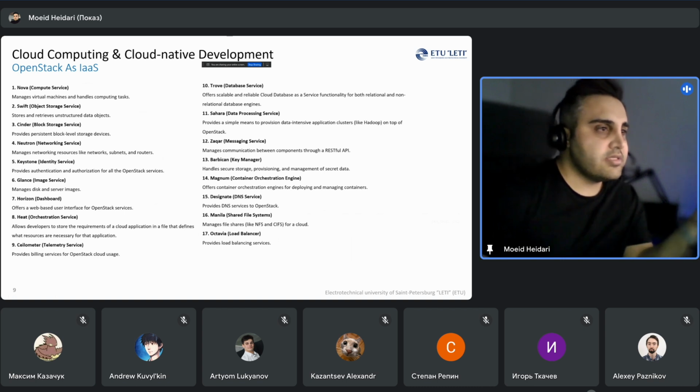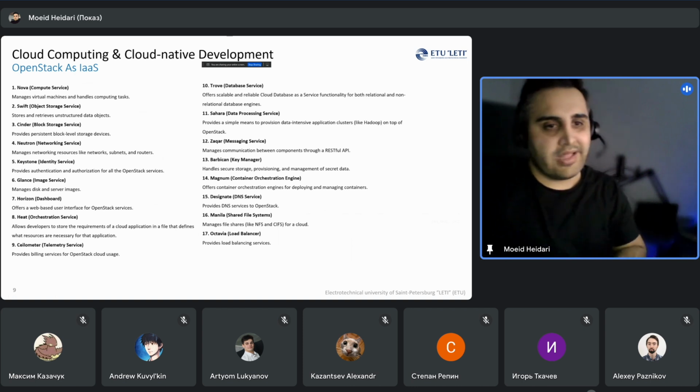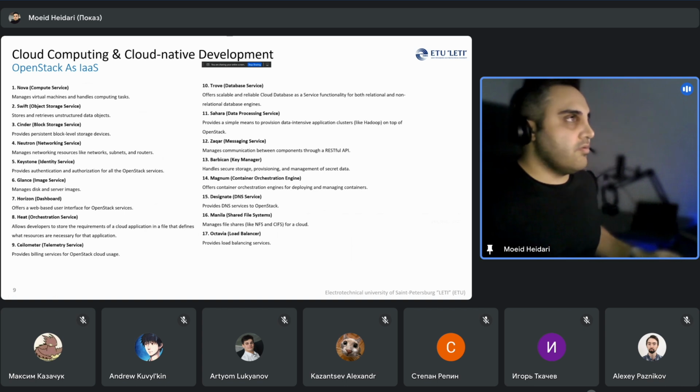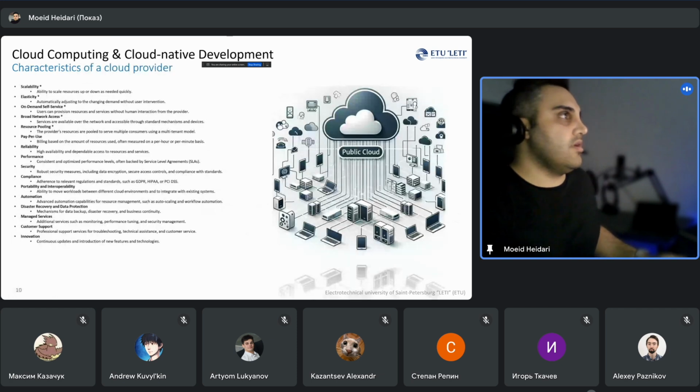Manila is a shared file system that can work like NFS or CIFS for a cloud system. And Octavia is a load balancer system that provides the whole load balancing services. Actually, when you deploy OpenStack, if you don't have Octavia, then you won't have any load balancing possibility there.